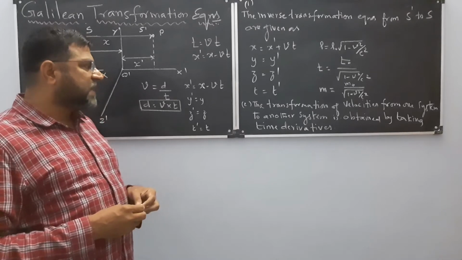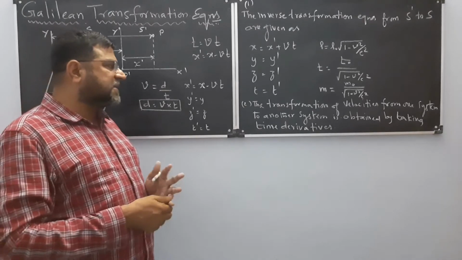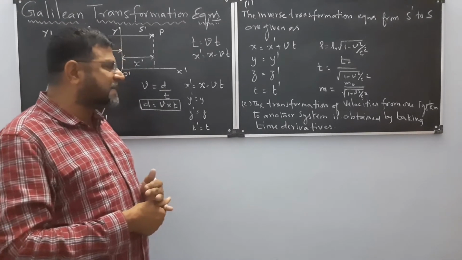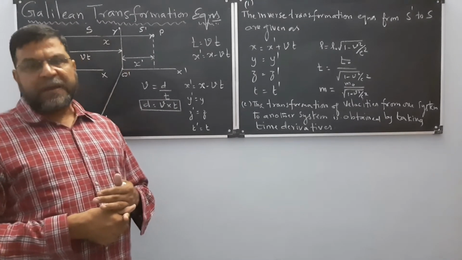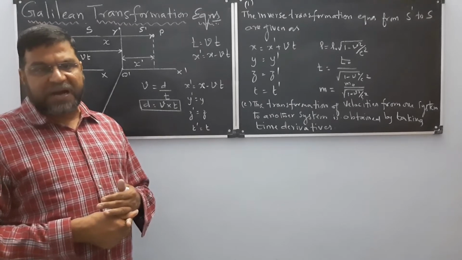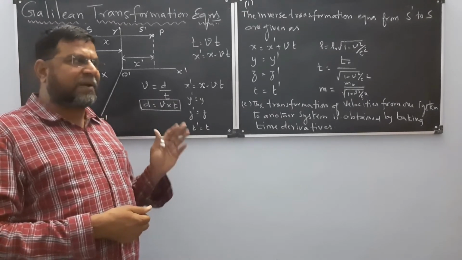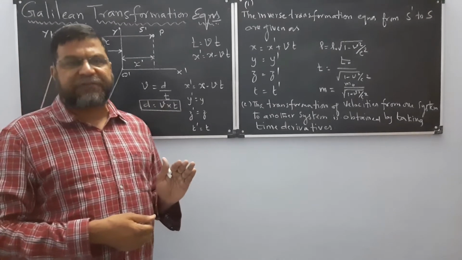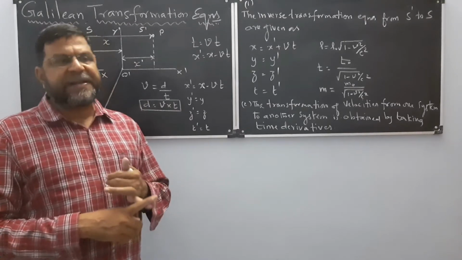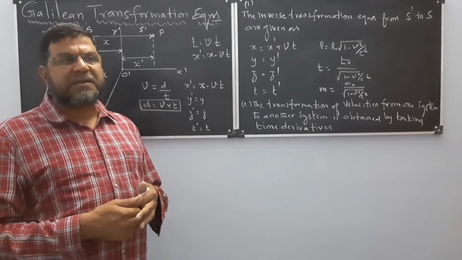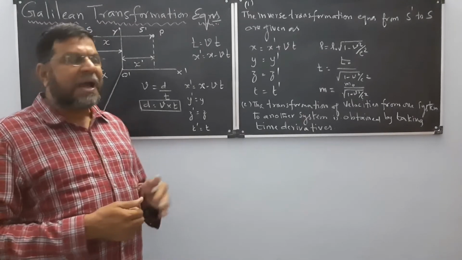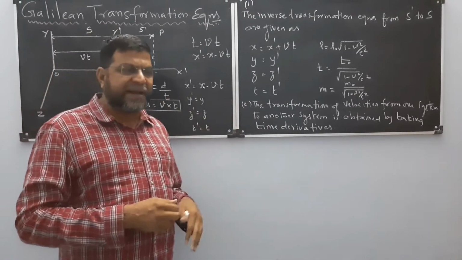Second one is telling the transformation of velocities from one system to another system is obtained by taking time derivatives. Because when a particle is moving from one frame of reference to another frame of reference, definitely there will be a change in time. So all other derivatives are depending on time, and this movement is taken in the x-plane.